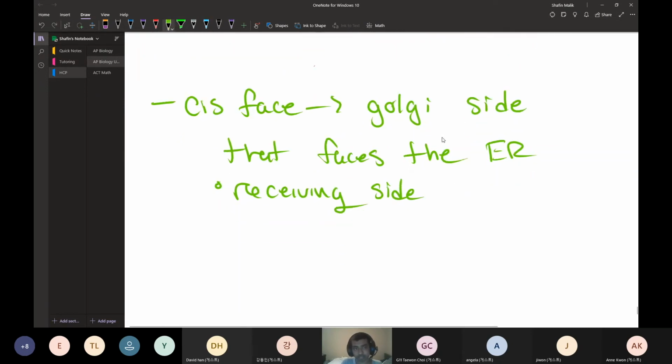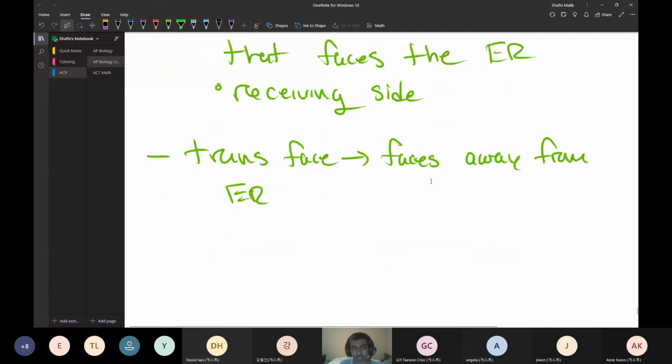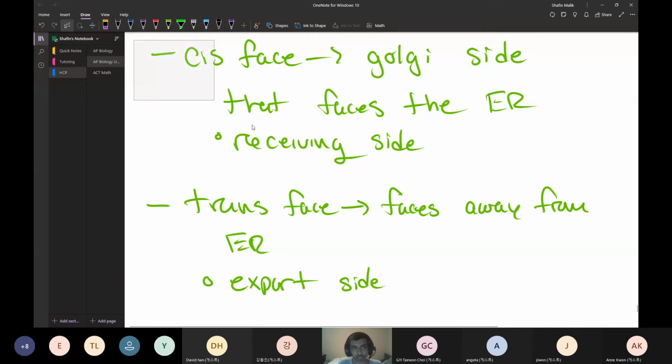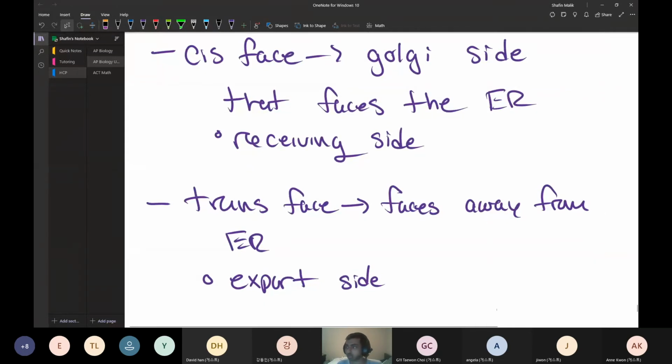And then the trans face faces away from the ER. Then this is the export side. Maybe I make this a different color so it's easier to read. Okay. I'll let you guys copy that for a second.